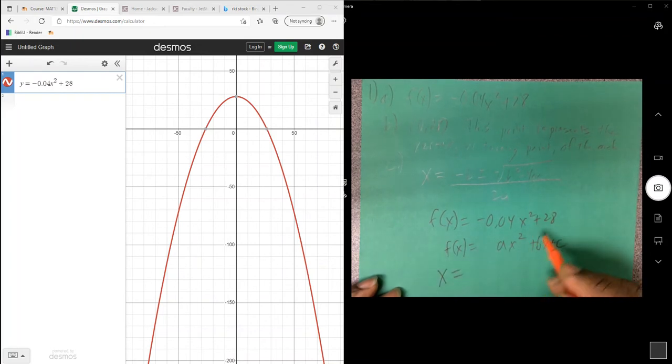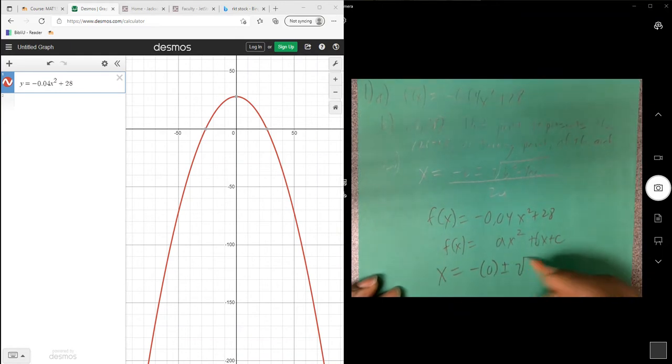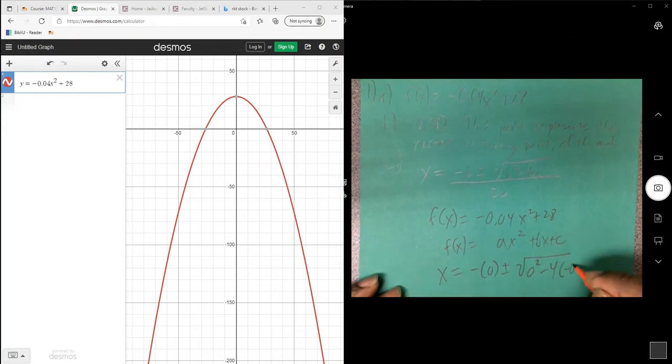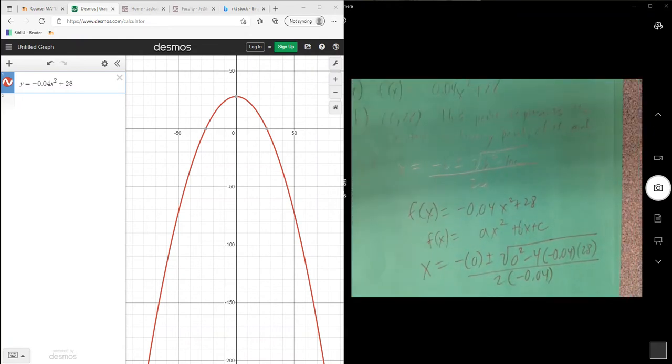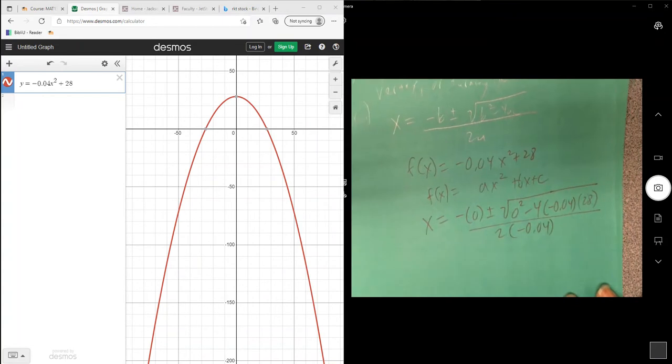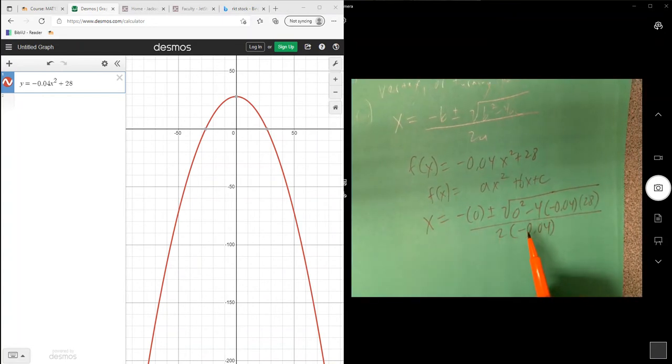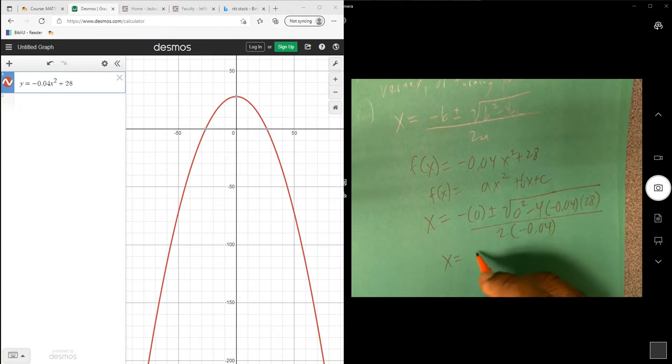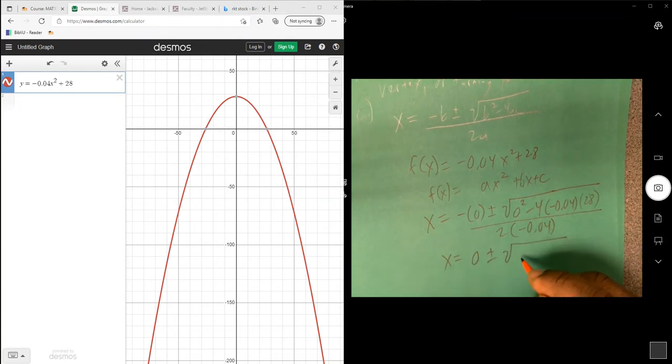And then we don't have a b, so it'd be the opposite of 0, plus or minus the square root of 0 squared minus 4 times a, which is negative 0.04, and then c is 28, all over 2 times a, negative 0.04. Now, first let's rewrite this: 0 plus or minus the square root of 0.